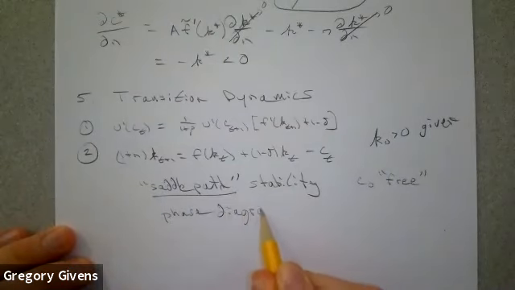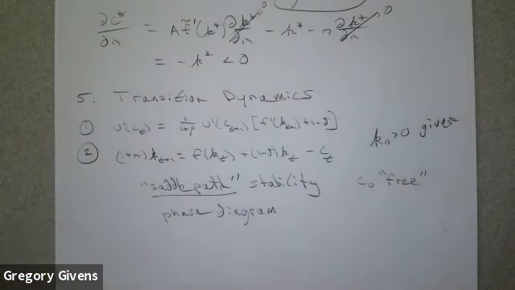I think the phase diagram is a useful conceptual device that can help us understand the joint dynamics of capital and consumption in this model, and can help you visualize what the actual saddle path solution looks like.